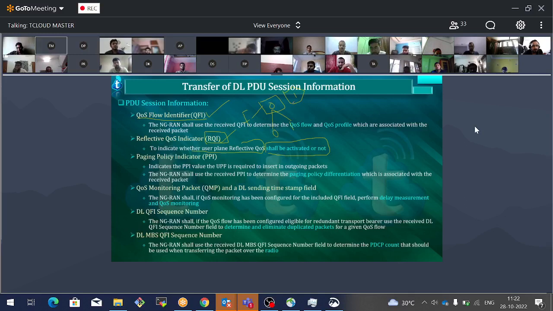Of course, UPF cannot send anything directly to the mobile. So what the UPF does is, in this PDU session protocol message, it will set this RQI bit to 1. This RQI bit will be carried all the way up to the mobile phone. Once the mobile gets it, it understands it and decides to activate this reflective quality of service if it is requested by the network.